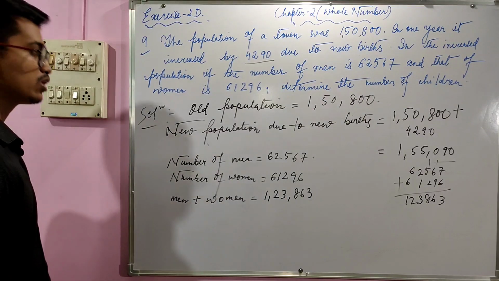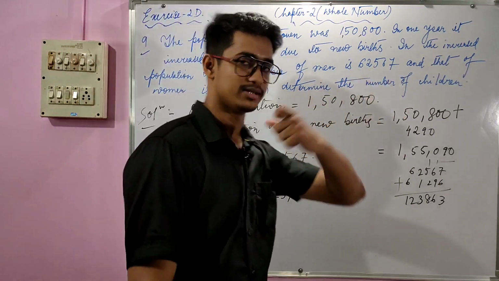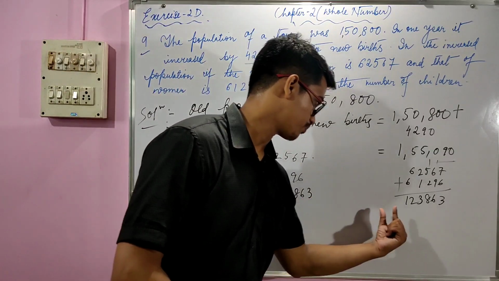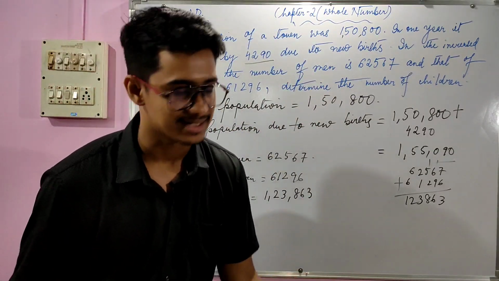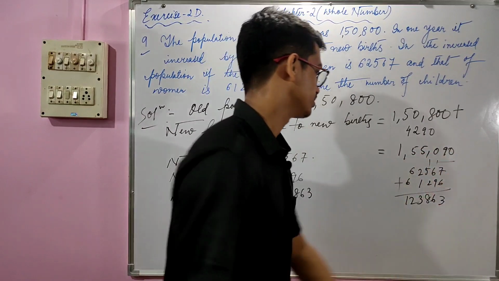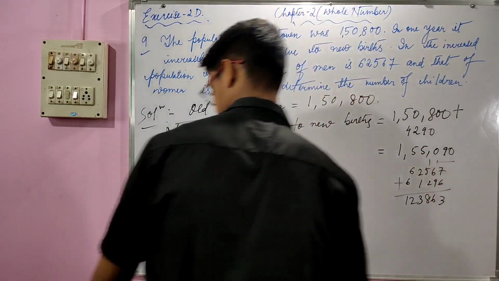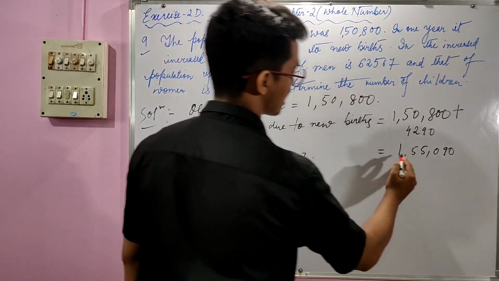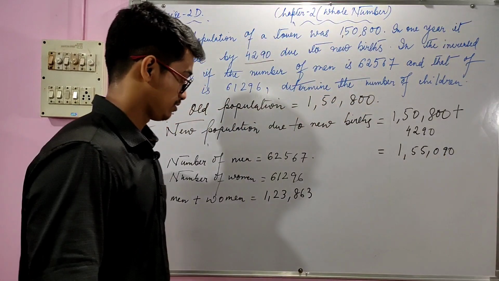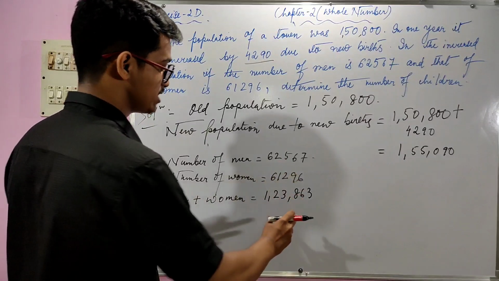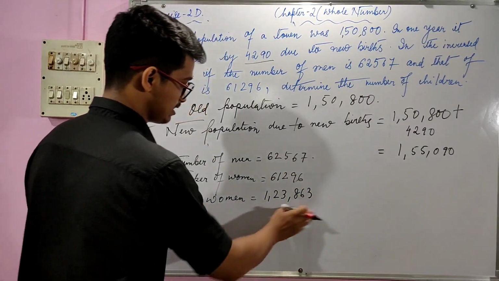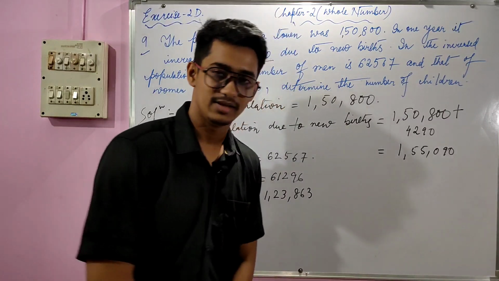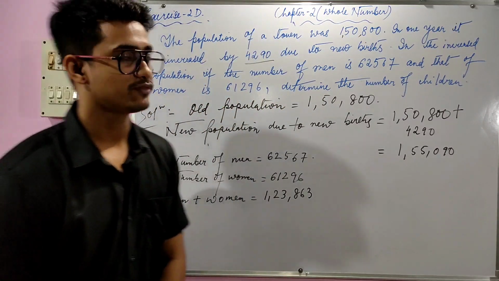So the final question is to determine the number of children. The remaining population, whatever remains from the number 1,55,090, if I remove the men and women part from it, then we get the population of children.